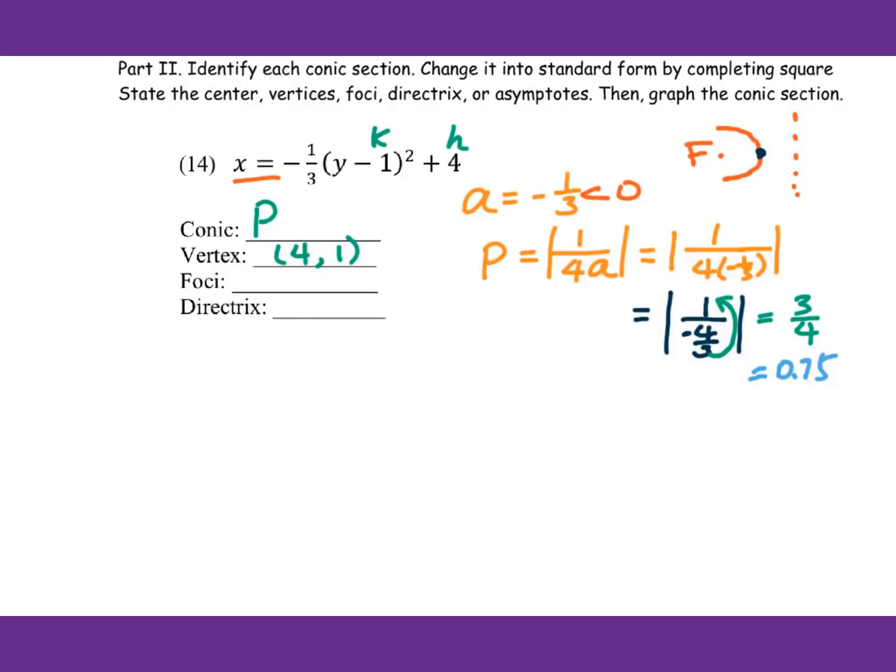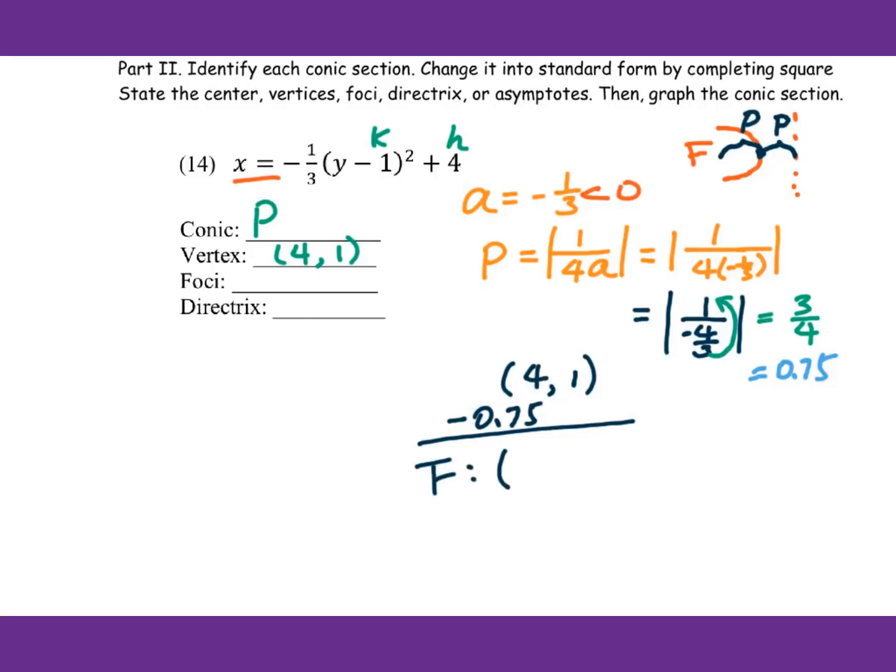We know from focus to this vertex, that's P. From vertex to this directrix, the distance will be P. Therefore, from (4, 1) vertex, we move to the left 0.75, you will get the focus.